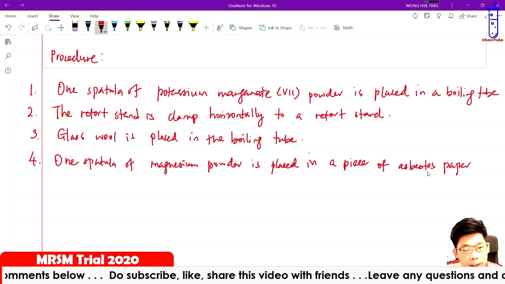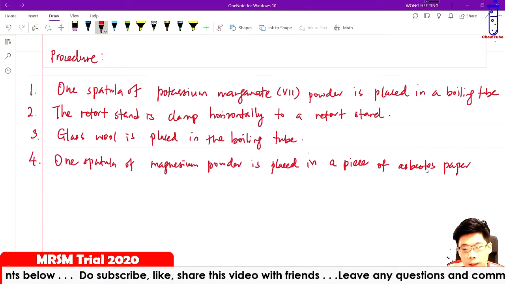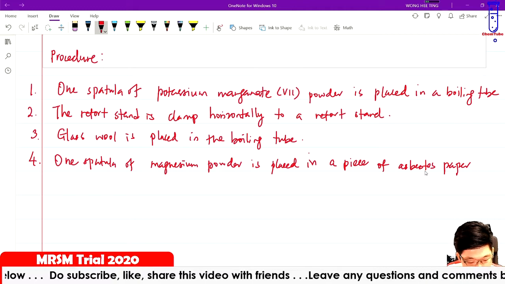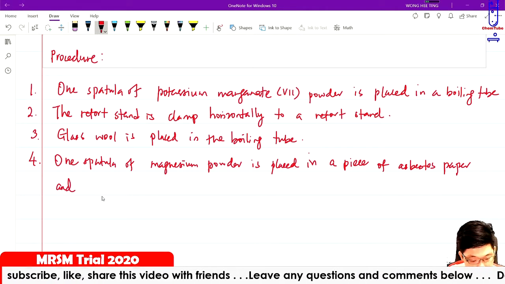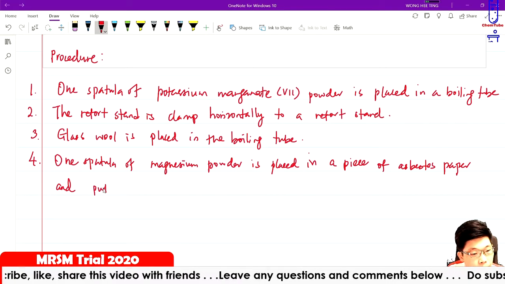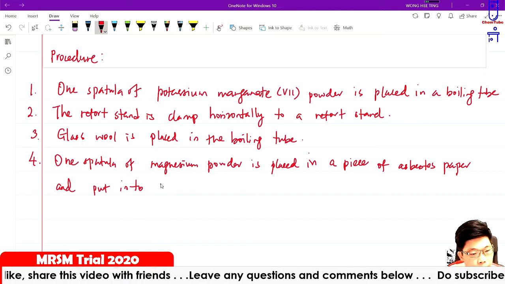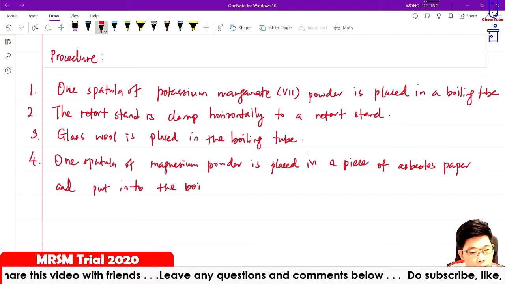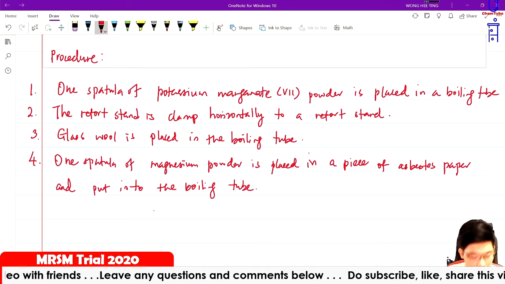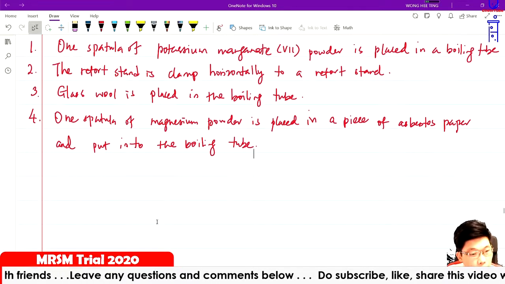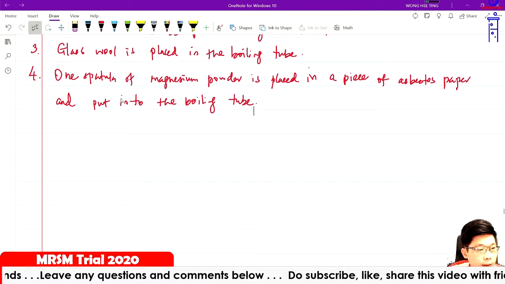We put the metal powder on a piece of asbestos paper and then put it into the boiling tube. Okay, so after that we can start our heating already.